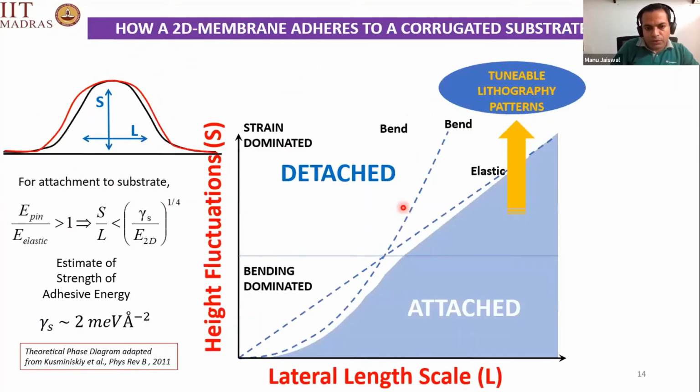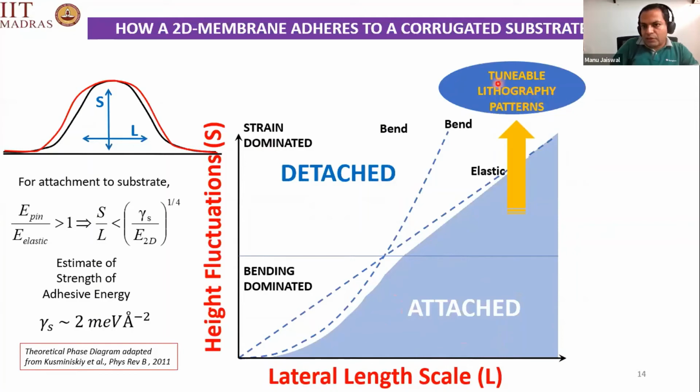And there is a very beautiful theoretical prediction in this direction. People have considered this membrane attachment and detachment problem as a phase transition. And one can, for example, look at this phase diagram of height fluctuations versus the lateral length scale, which are characterizing the geometrical parameters, and your membrane can be in an attached state or a detached state, depending on how much fluctuation you have over a certain length scale.